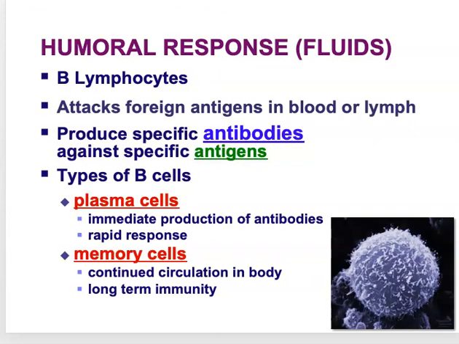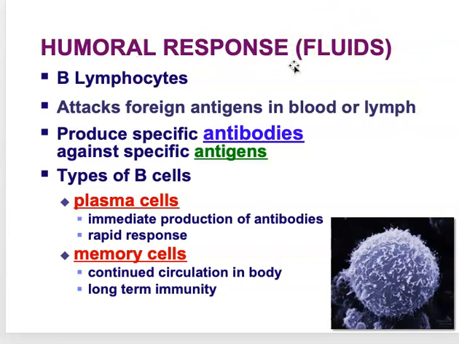So let's look at the humoral response. The humoral response, as I said before, has to do with the fluids in your body. So the B lymphocytes or B cells are looking for all of the viruses, bacteria, and pathogens that are found in the fluids in your body.